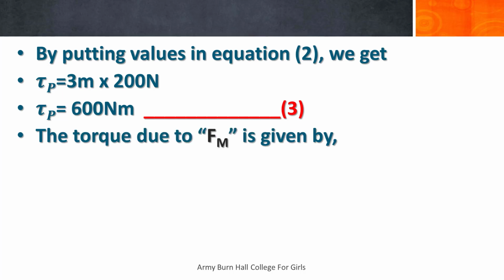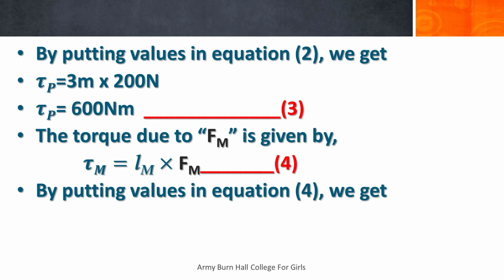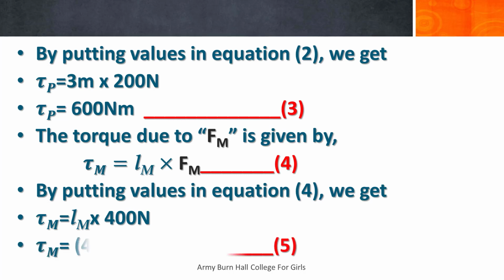The torque due to the man or the boy, tau M, is equal to LM cross FM, but this LM is unknown. We only know the weight of the man, so we will write tau M is equal to LM cross 400 Newton. You can name this as equation number 5. We have calculated the torque due to all the forces separately.